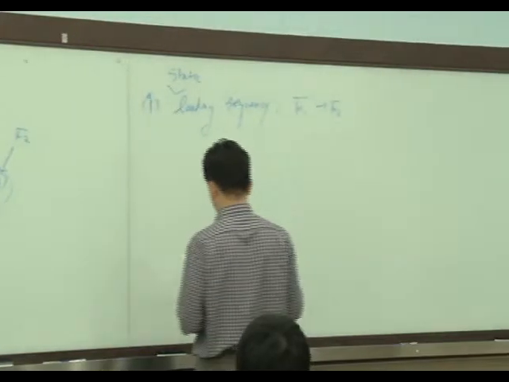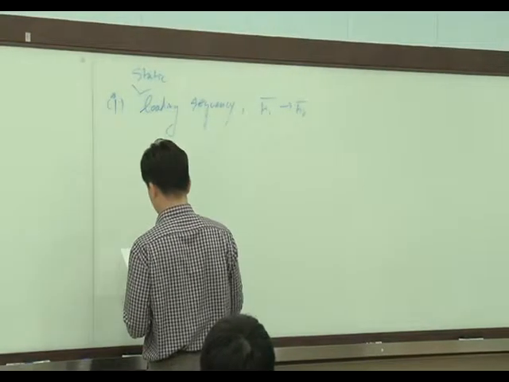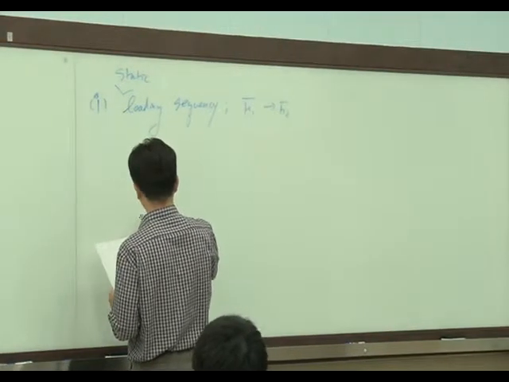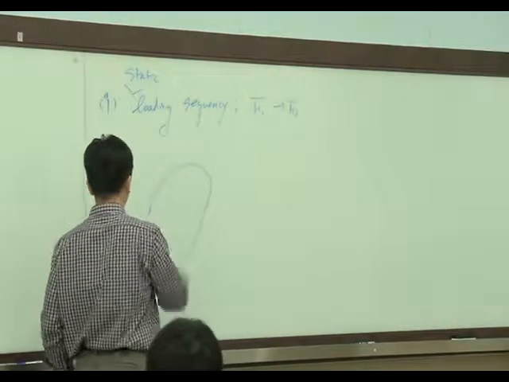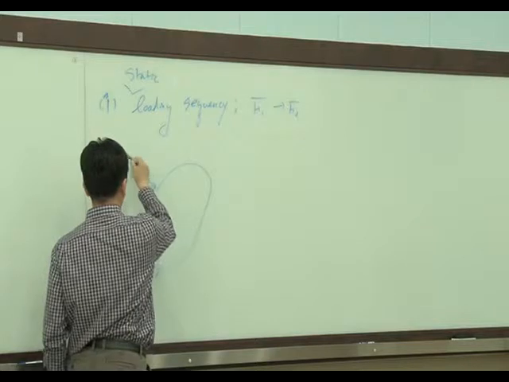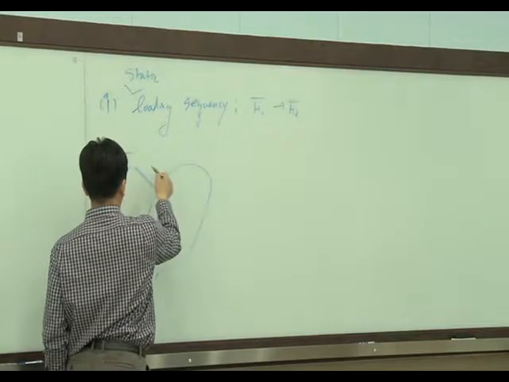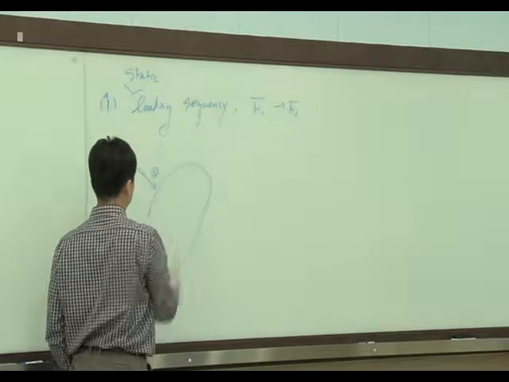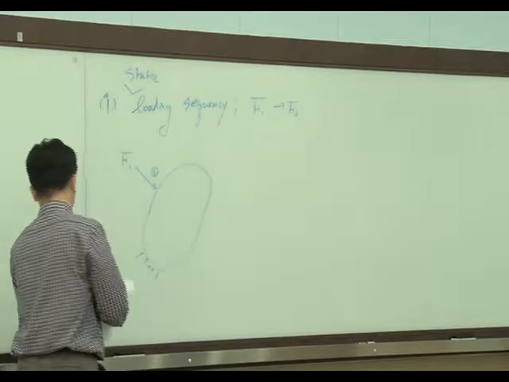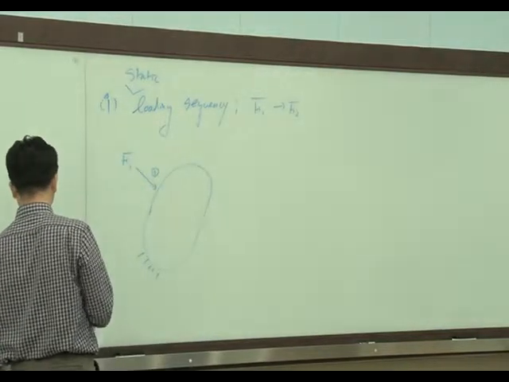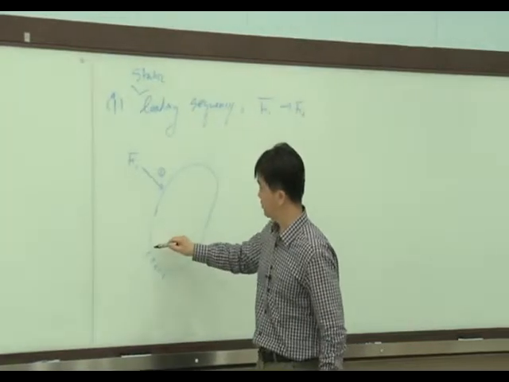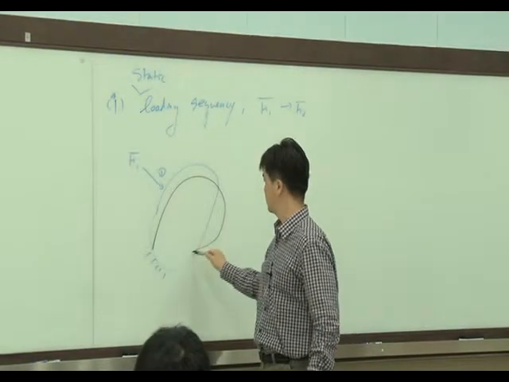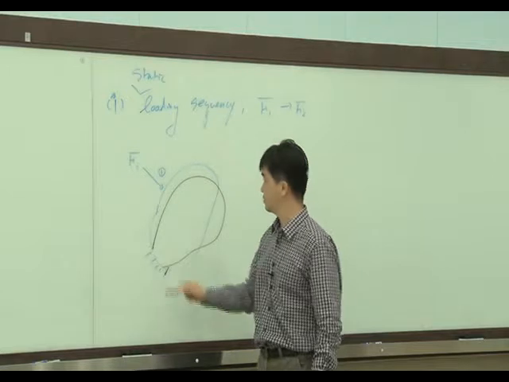Okay, so let's consider the first case. So here we have our original deformation, and I'm going to apply F1 at point 1. Okay, then this will deform somehow like this, okay?